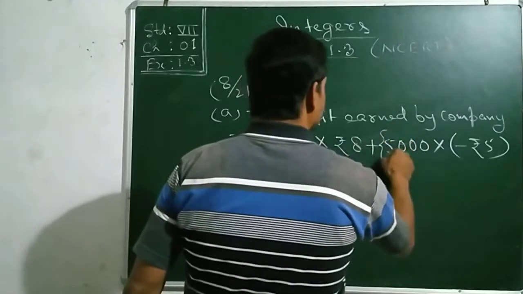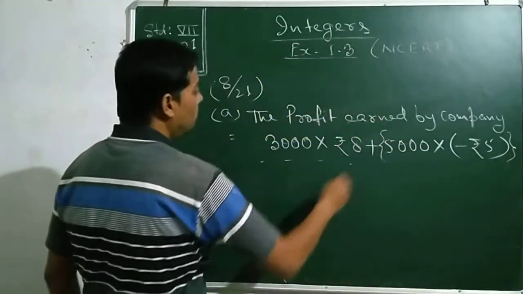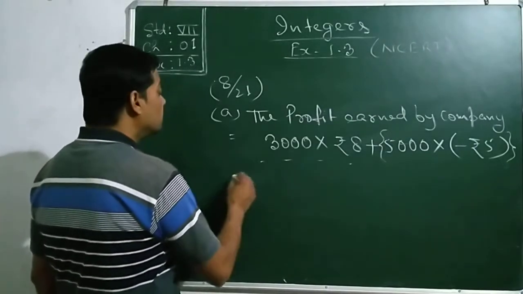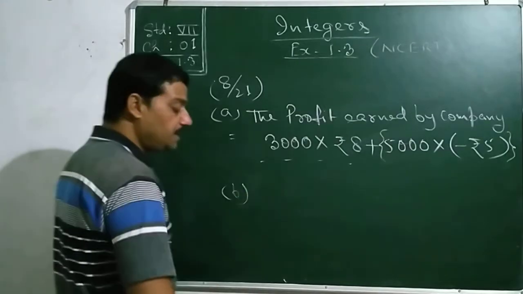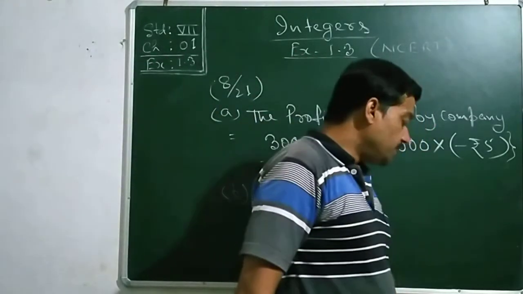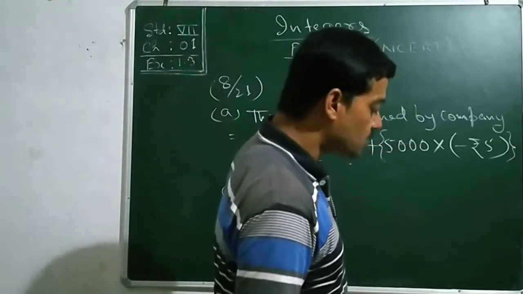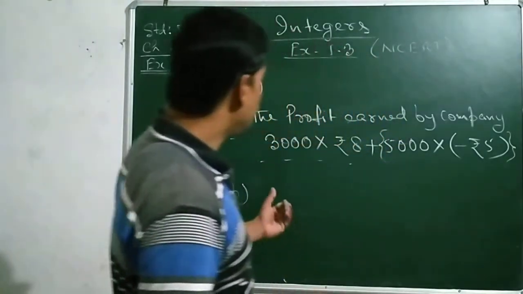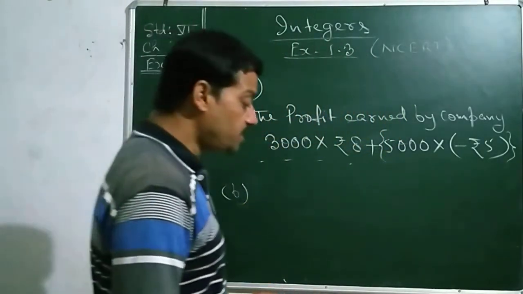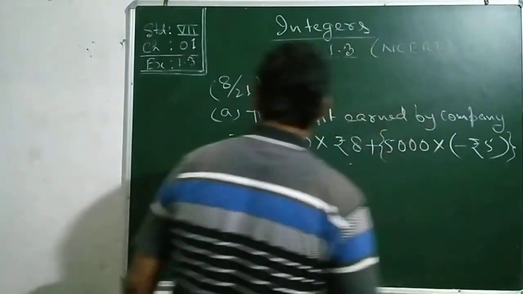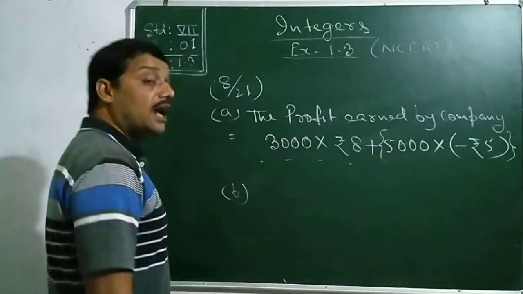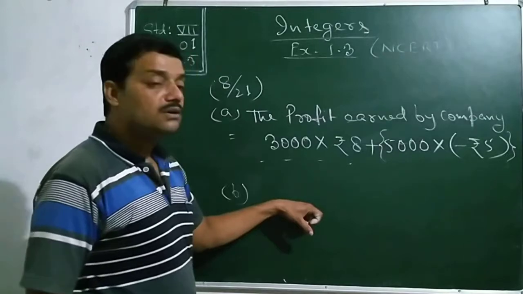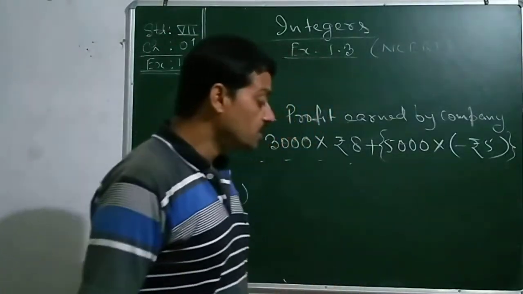Now calculate it, you will get the profit earned by the company, in terms of rupees. And in part B, the number of white cement bags sold is asked, because the number of grey cement bags sold is given as 6400 bags, and the company does not earn any profit or suffer any loss.